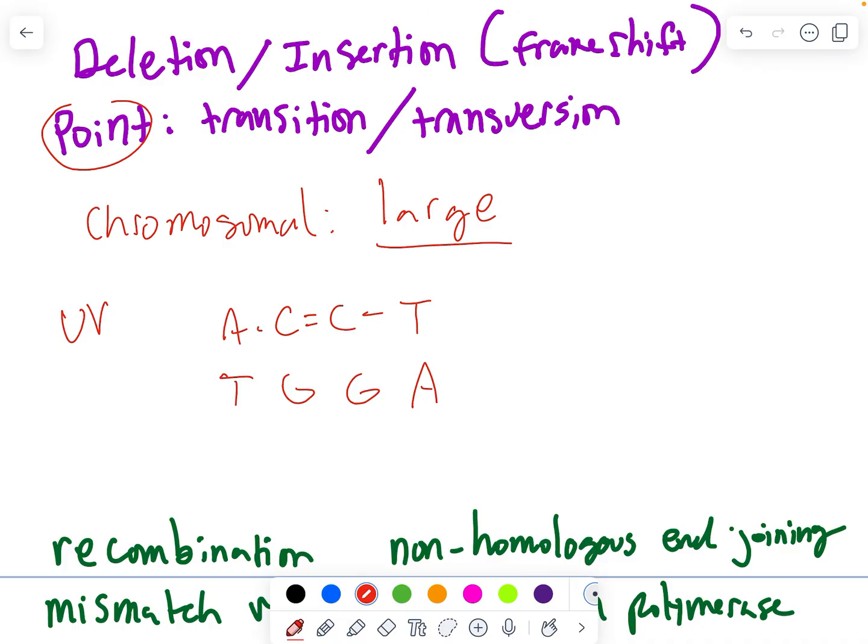We lack the ability to add a hydrogen bond to those. So in this particular example, my bottom strand can be copied as normal, but my top strand cannot be copied because I can't form hydrogen bonds because of the ultraviolet damage to those. And so that's going to give me a deletion. I'm going to lose those two cytosines.